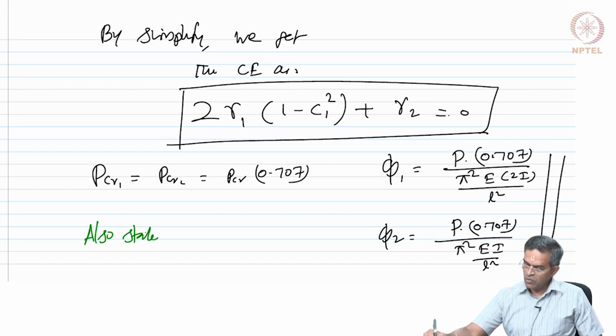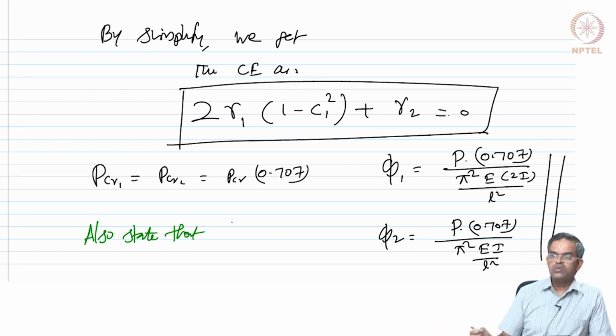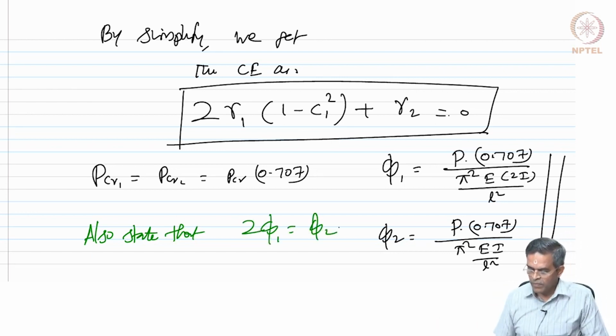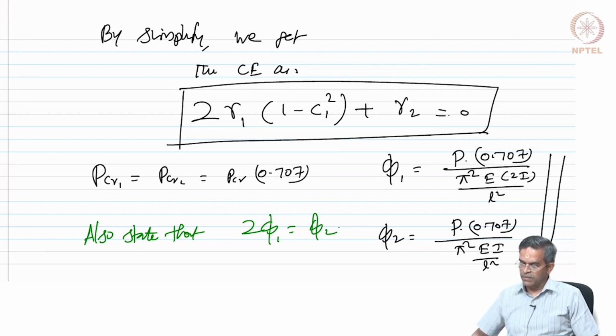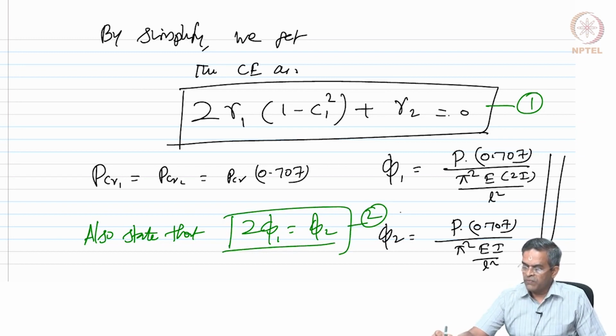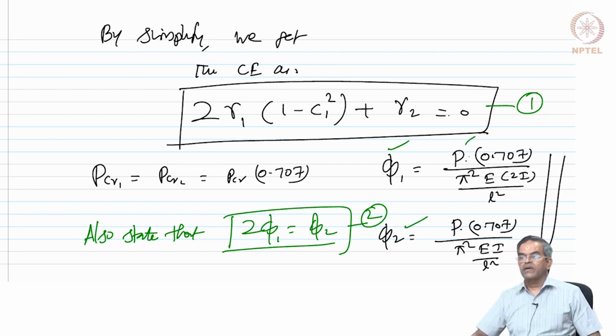So, comparing these two equations, we can now also say two phi 1 is phi 2. You can see easily from here. Okay, 2 phi 1 will be phi 2, right. So, I have to satisfy two equations while selecting phi.